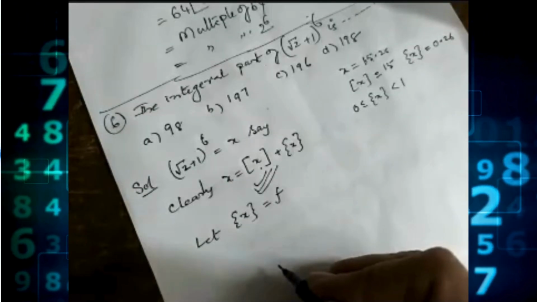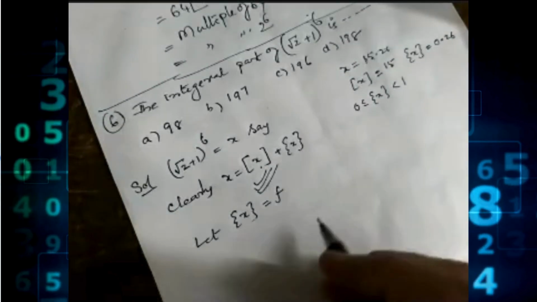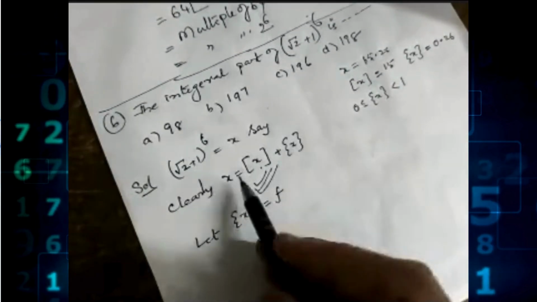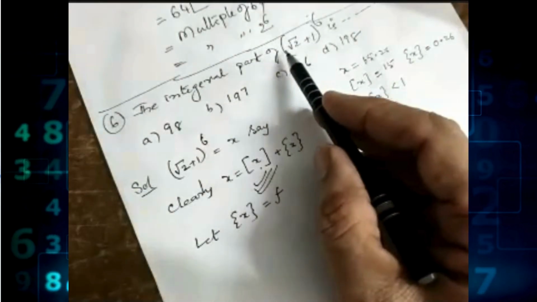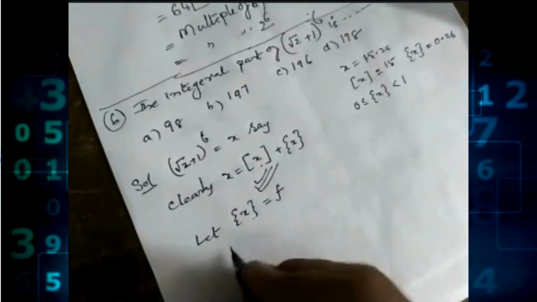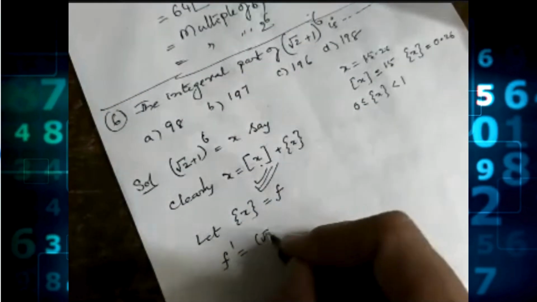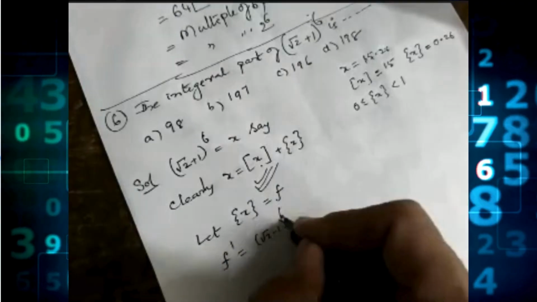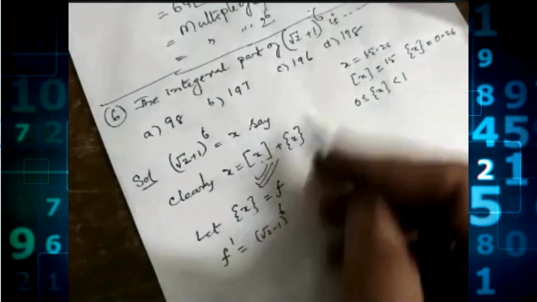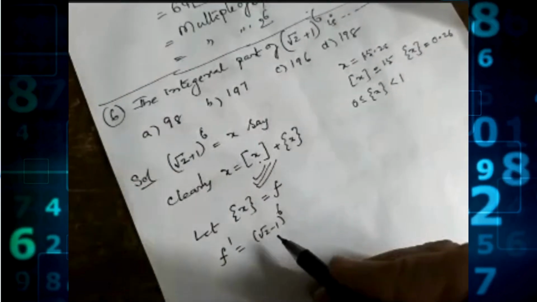The best technique is, what is the expansion given here? Root 2 plus 1 whole power 6. Write f dash is equal to root 2 minus 1 whole power 6. Just its conjugate. Is it the standard idea in every problem?